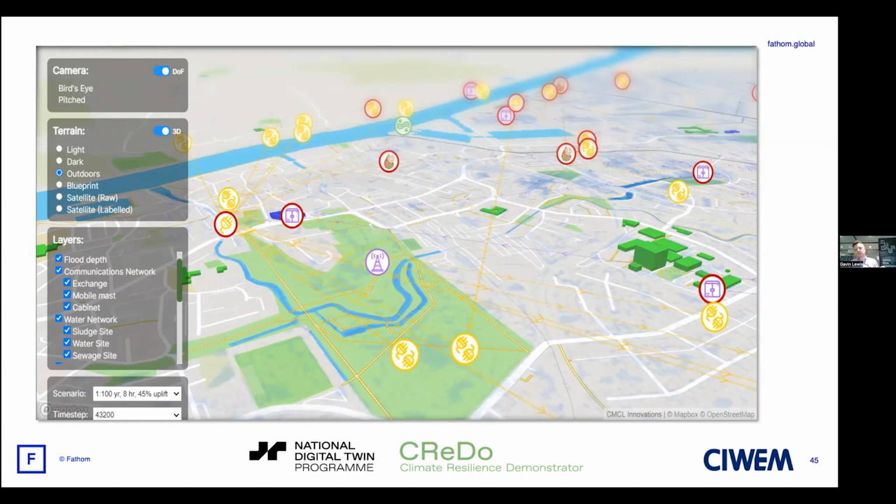For example, if the power supply is knocked out to a water treatment works because a local substation is flooded, many thousands of people will be directly impacted by a single point of failure with these critical interdependent assets. So it's really important to understand that connected relationship and also the impact of flooding both today and for future climate scenarios.